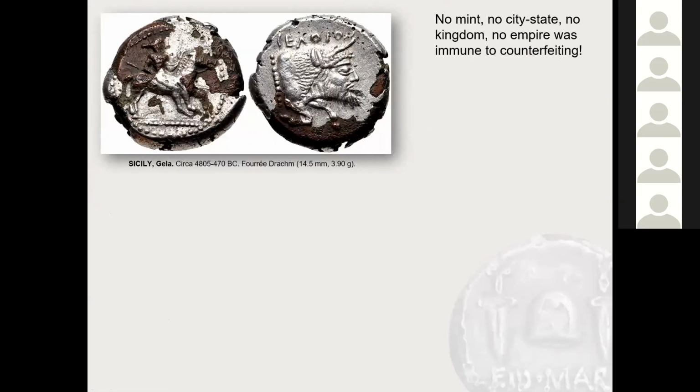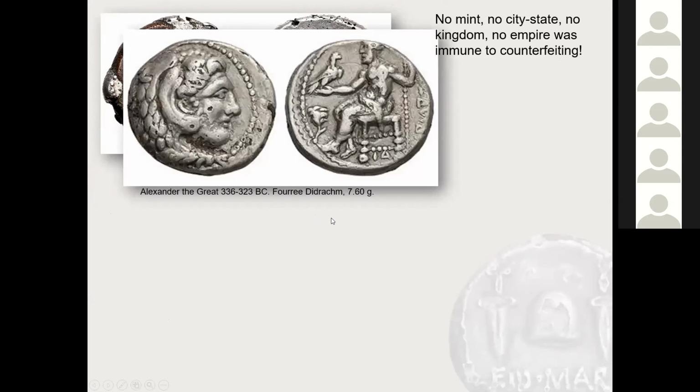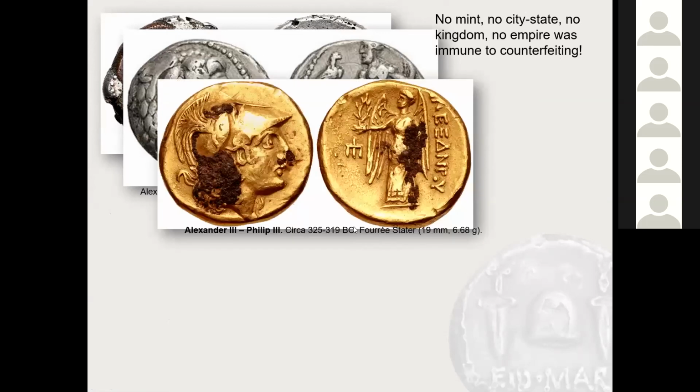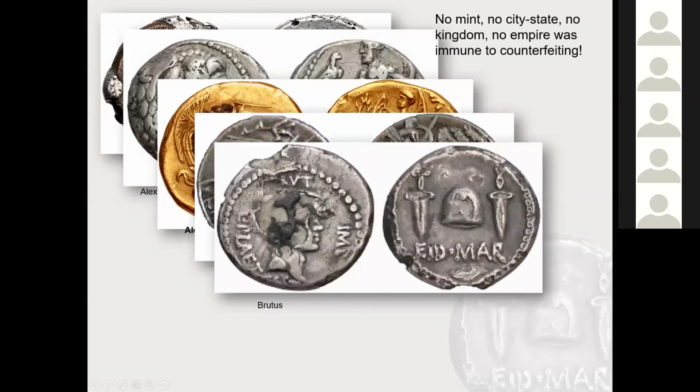No mint, no city-state, no kingdom, no empire was immune to counterfeiting. Just like COVID-19, it doesn't care where you live and what your nationality is. It finds you, and all the mints suffered from the same thing: gold, silver, and other material, and you find them everywhere.